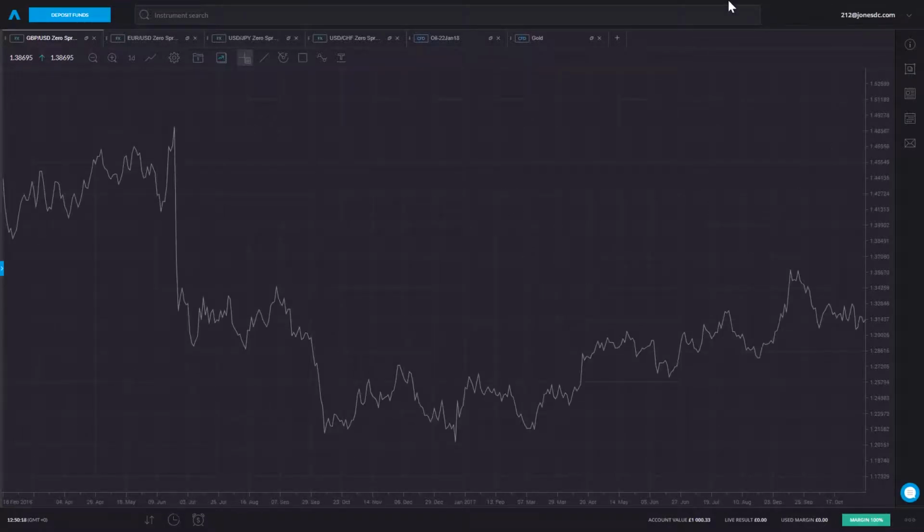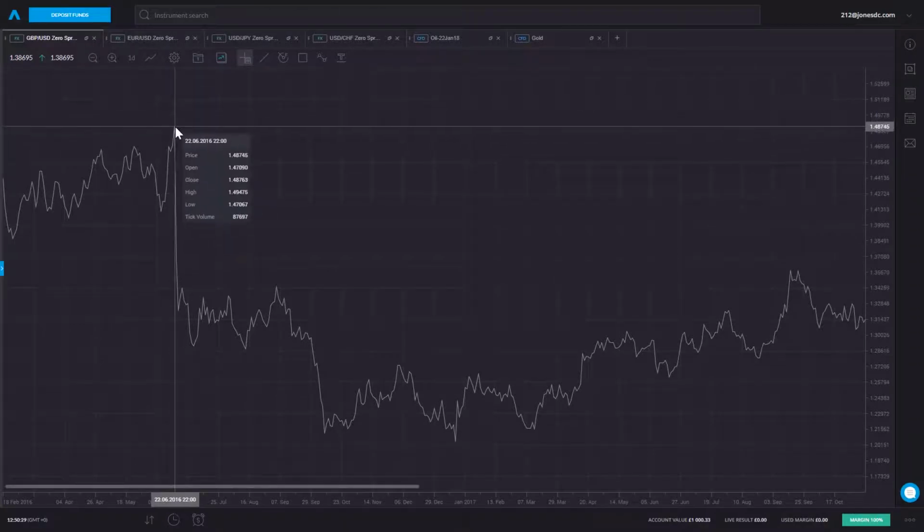And just another quick one to show how political events really can affect currency markets, because they are so tied to the country's economy and its political stability. Back here, this is the famous vote for the UK to leave the European Union. The expectation was the UK population were going to vote to stay in. It ended up being something of a shock when the UK voted to leave and start the Brexit process.